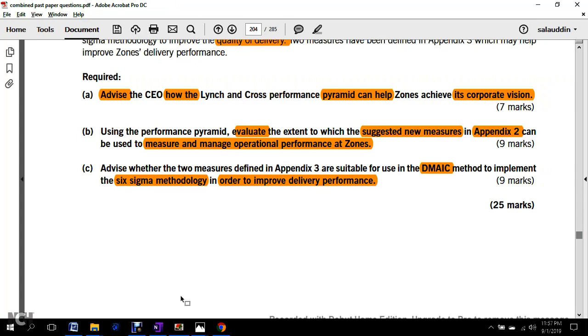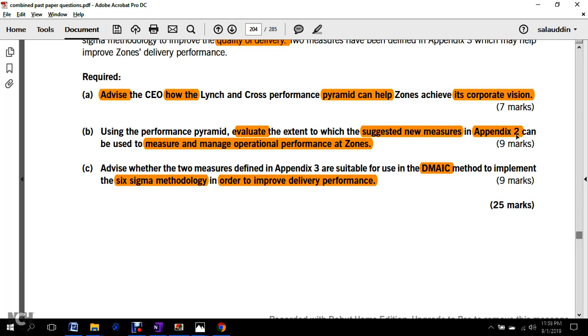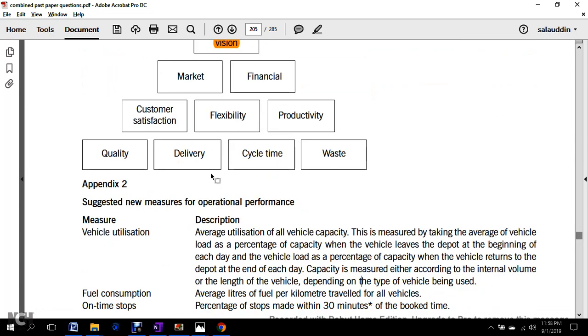Now let's see requirement B, that is we are to evaluate the suggested new measures in appendix 2. How can they be used to measure and manage operational performance? Operational performance means this level.